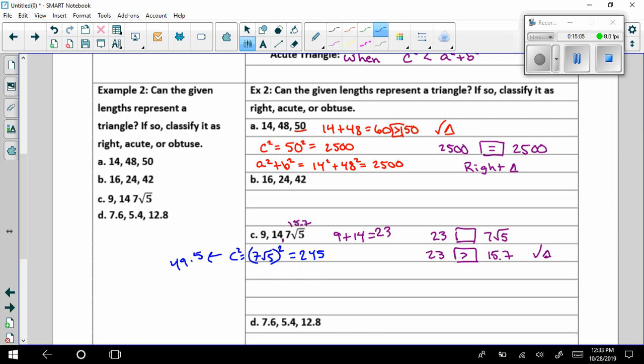So 245. a squared plus b squared is 9 squared plus 14 squared, which is 277. So when comparing 245 to 277, I'm going to use less than, and we talked up here that less than is acute. So this is an acute triangle.